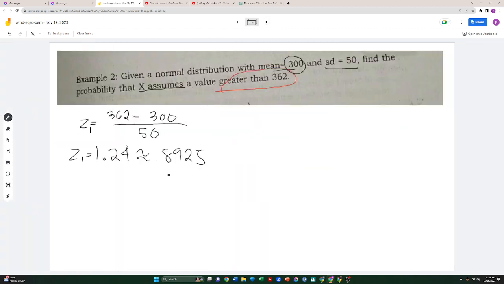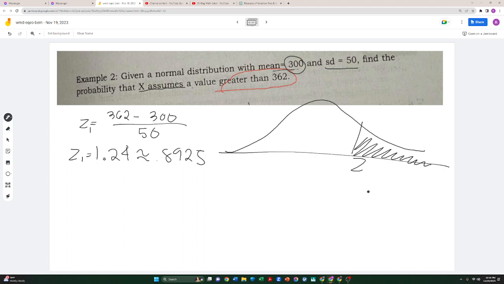So, it means that the graph of this one is a normal curve, and then ang z niya is 1.24, no? So, ang graph niya, dili na ang between kay naa sa tunga. Karon from the word greater than, it means positive. So, move ka diri above. Then ang kani diri kay negative man ni. So, diri ka above man.